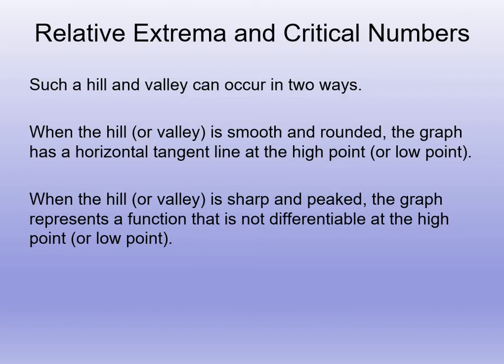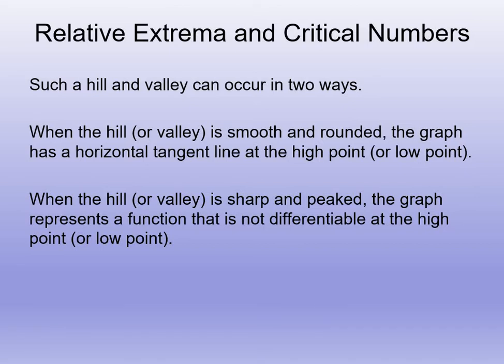When we have a hill or a valley, we have a smooth and rounded curve on the graph, not a V like an absolute value. As we've learned in previous chapters, when we take the derivative at that point, we have a horizontal tangent line, so our slope there is 0.